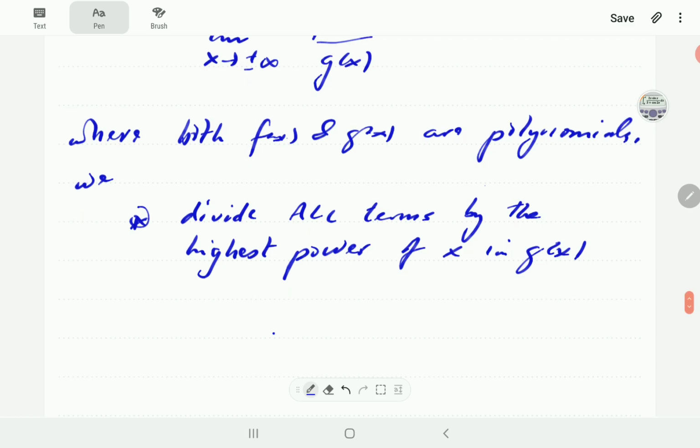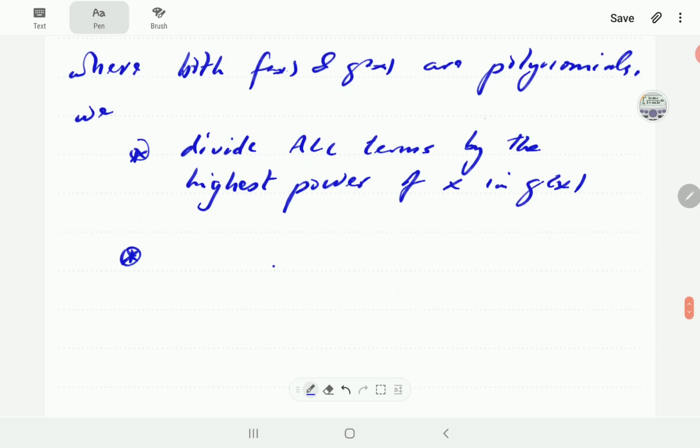Okay, so since we're doing this limit as x goes to infinity, then definitely x is not equal to 0, so we can divide by x. So we just look for the highest power of x in the denominator, then we divide everything by that power.